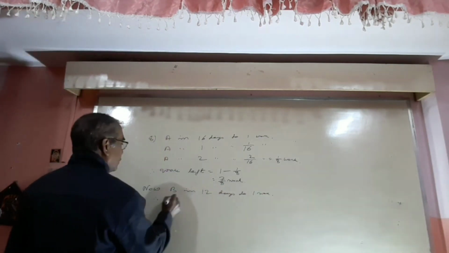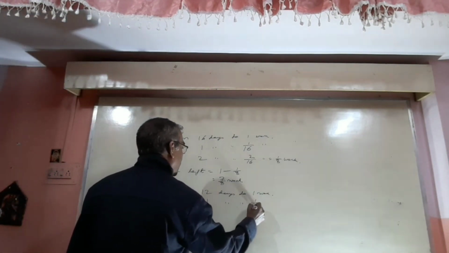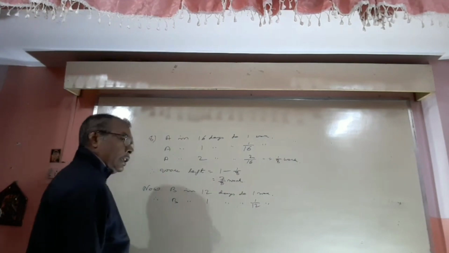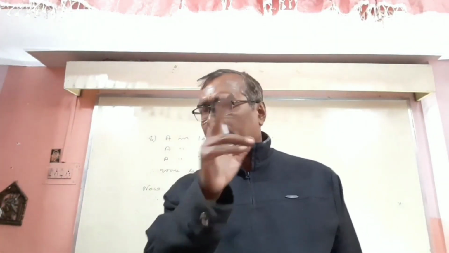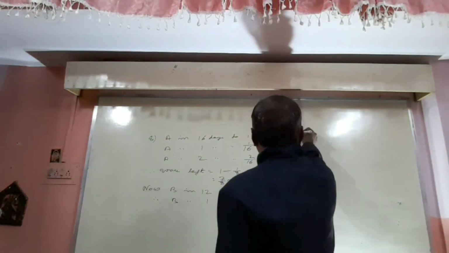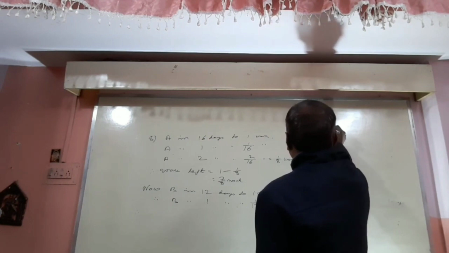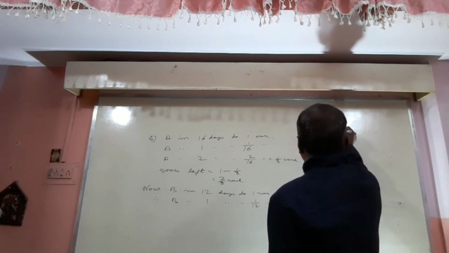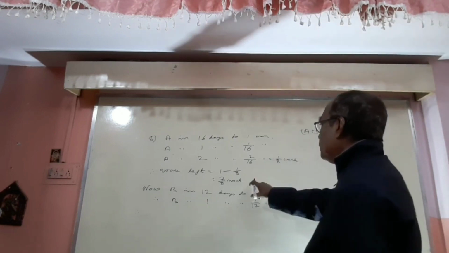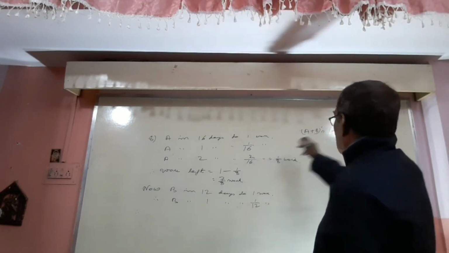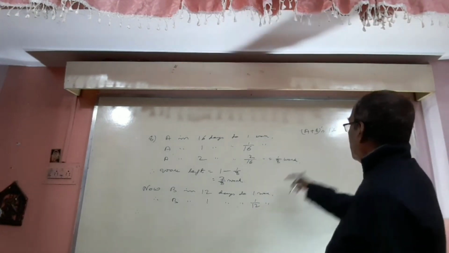So therefore B in 1 day does how much work? 1 by 12 work. Now let us try to find out A plus B's 1 day work. Therefore A plus B's 1 day work is how much? A's 1 day work and B's 1 day work. A's 1 day work is 1 by 16 and B's 1 day work is 1 by 12.